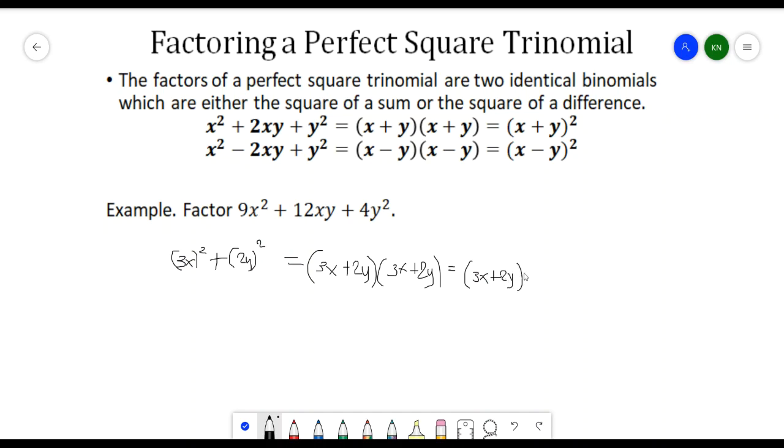Now, if you try to check this one again, using the expansion of our binomial, you'll get the following result. So basically, this is already our factor of our expression.